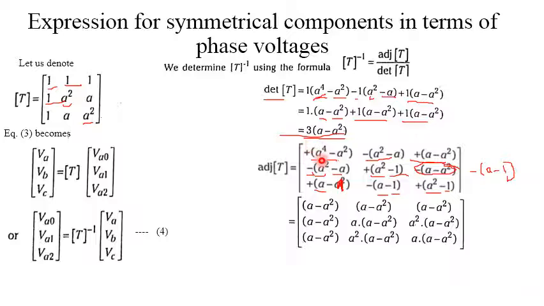We know that a to the power of 4 can be written as a cube into a. So this is minus a square minus a square. After rearrangement, this is minus a square plus a, which can be written as a minus a square. So this is the same as a minus a square.